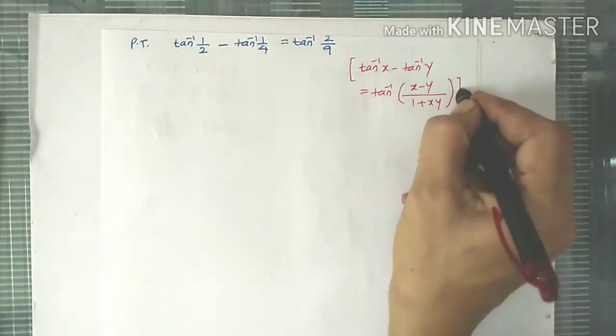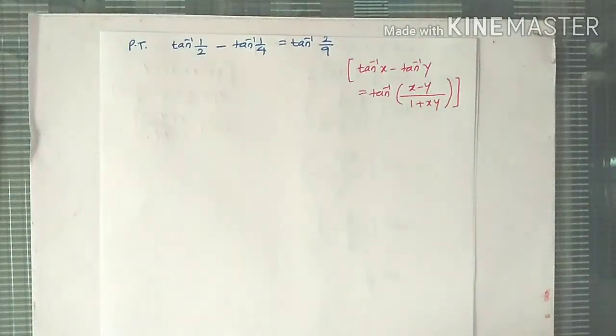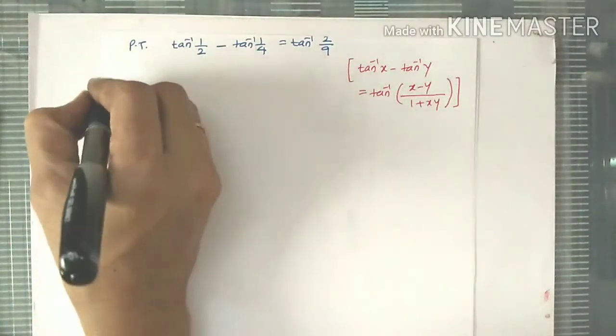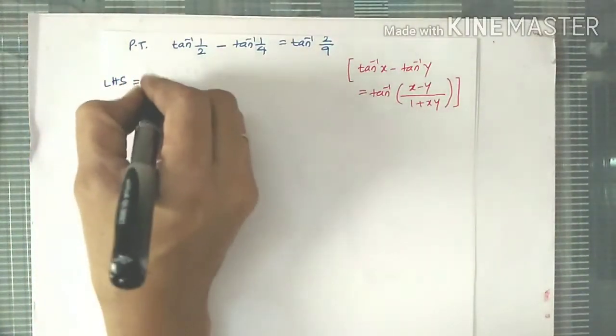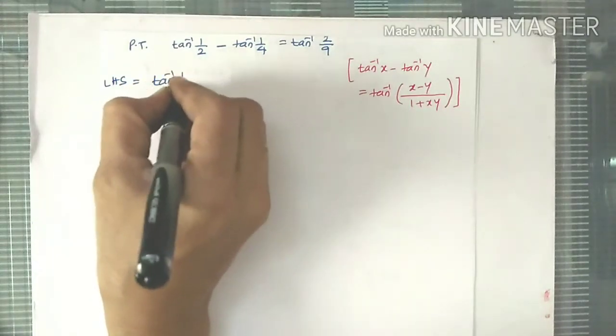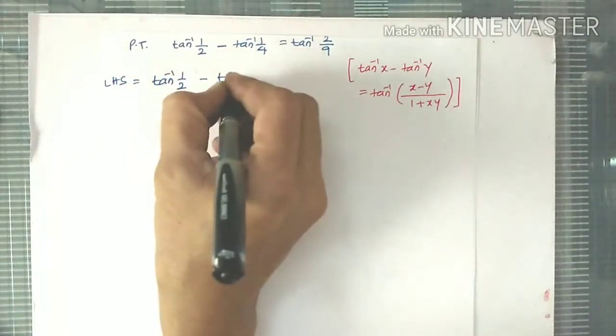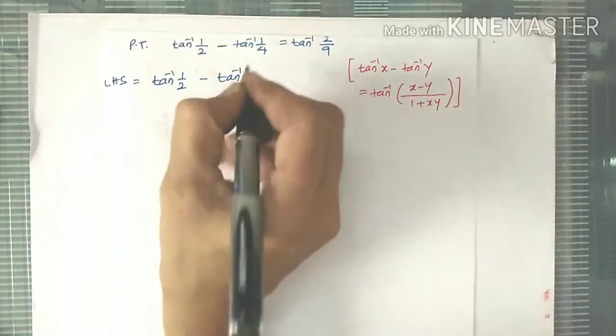So let's write left hand side and let's use this property. So left hand side is tan inverse of 1 by 2 minus tan inverse of 1 by 4.